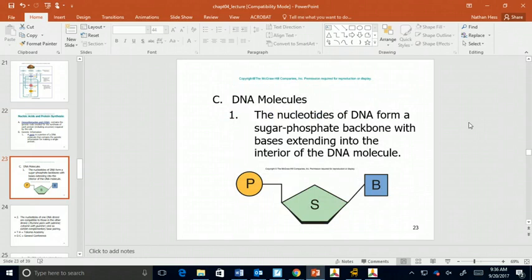So DNA's got three pieces to it. You've got a sugar base, and then a phosphate that's attached to that. They call that the sugar phosphate backbone. And then you have this little base pair that extends into the interior. For DNA, this sugar, the name of it is what? Anybody?